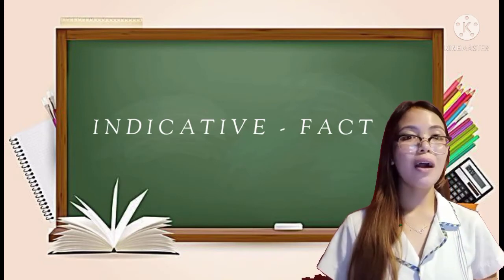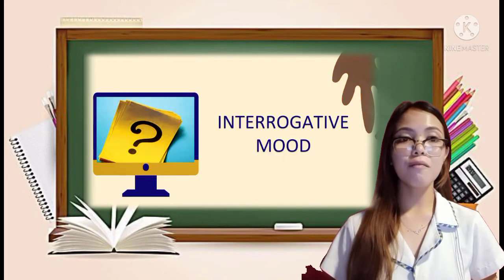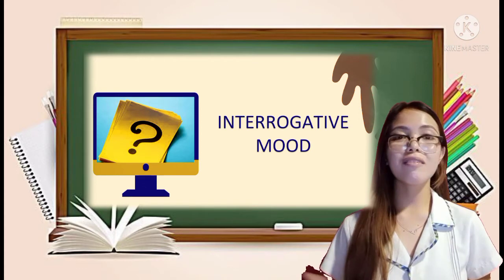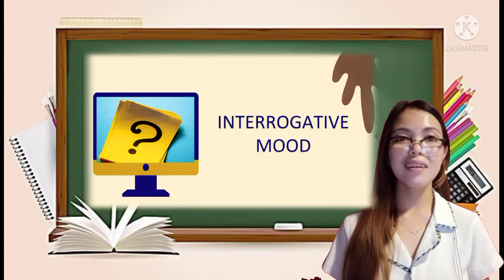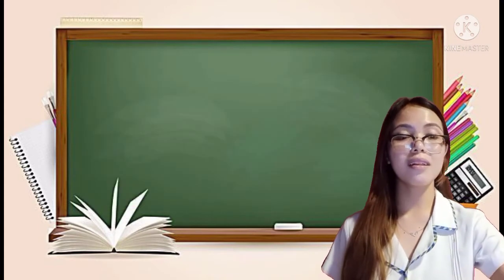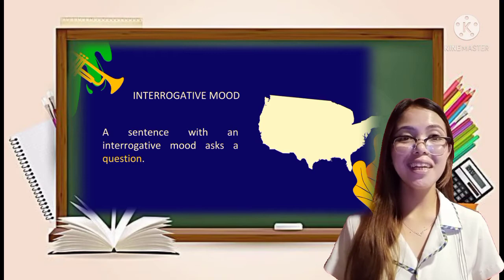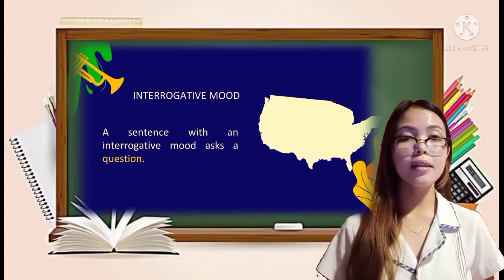So let's come now to the second verb mood, the interrogative mood. It comes from the word itself. Interrogative means questions or asking questions. Interrogative mood basically is what I've said earlier, that it asks a question.